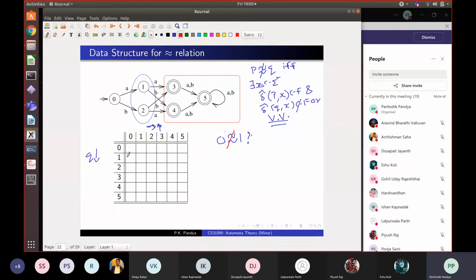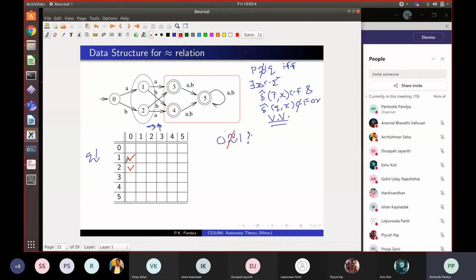In that case, I'll put a tick here. And what does this tick denote? That 0 is not equivalent to 1; 0 is separable from 1. Is the notion of tick clear to you? What about 0 and 2? Are they equivalent? Not equivalent, so we will put a tick here also.